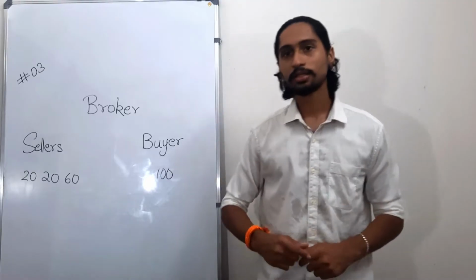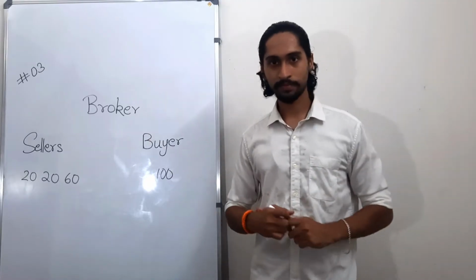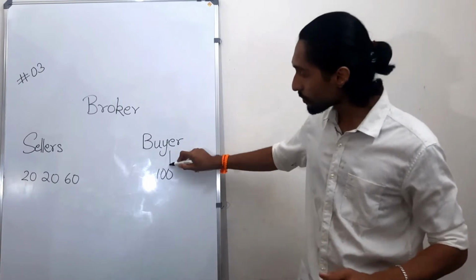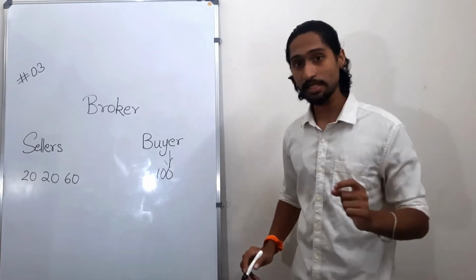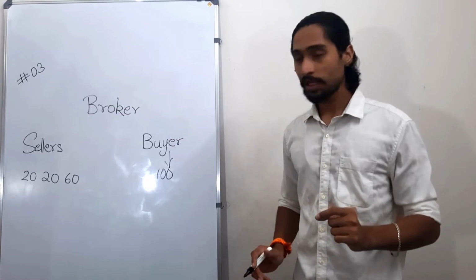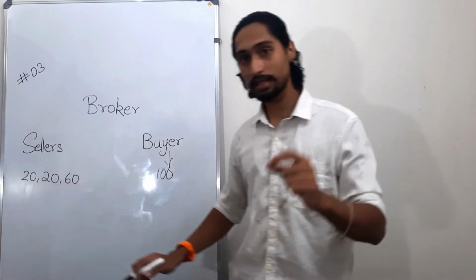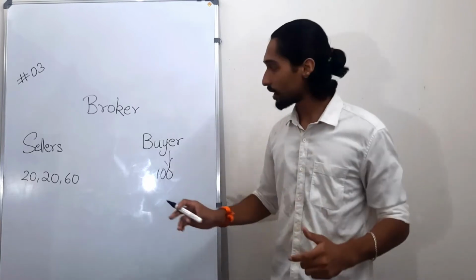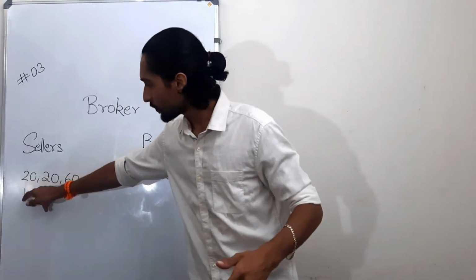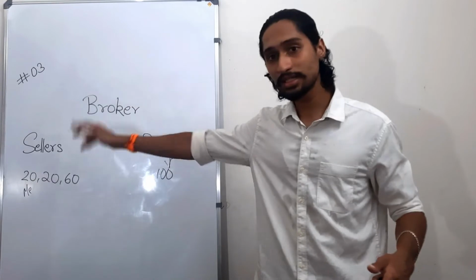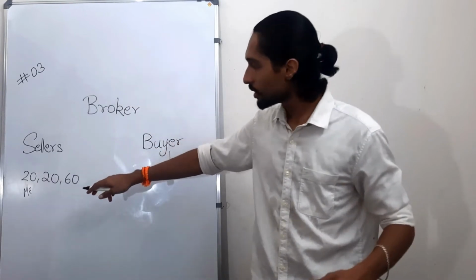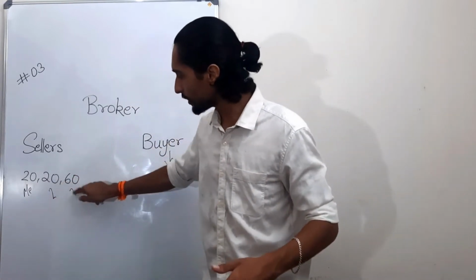So now here the broker plays a role. If you are a buyer who wishes to buy 100 shares of a particular stock, there is no seller who is ready to sell 100 stocks in one go. This is me, who is ready to sell just 20 shares from my holdings. These are two other people, 2 and 3.